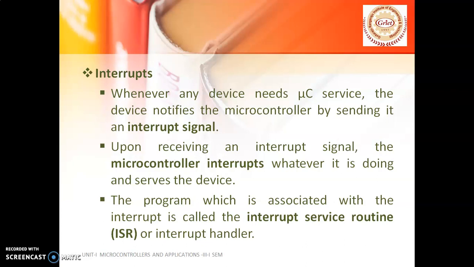Once it gets that address, it executes the ISR related to that particular interrupt. After providing the services to that device, it has to continue from where it was stopped, so it gets the address from the system bus. Once it gets the address, it continues the normal execution of the program.